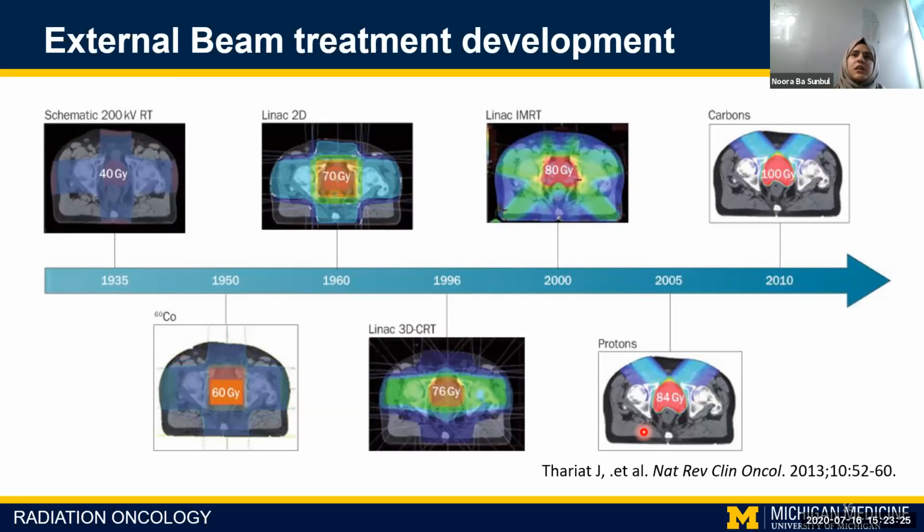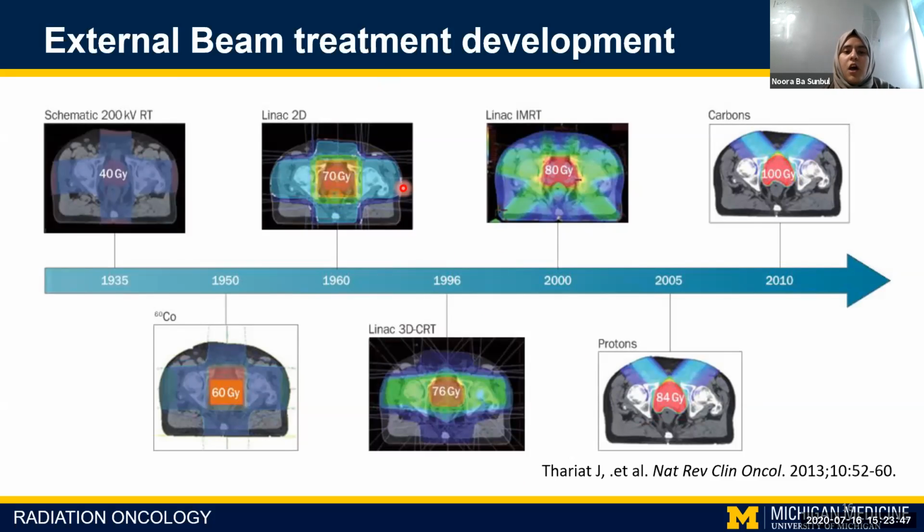External beam treatment has undergone development throughout the years. It started basically with low energy X-rays, and then with the invention of cobalt 60 machines. Cobalt 60 was used before the invention of linear accelerators, which were later implemented for more dedicated treatment delivery.